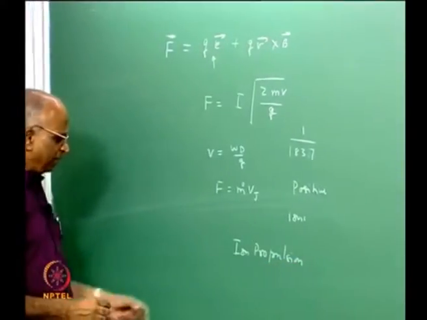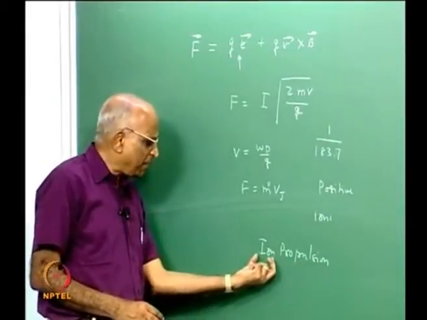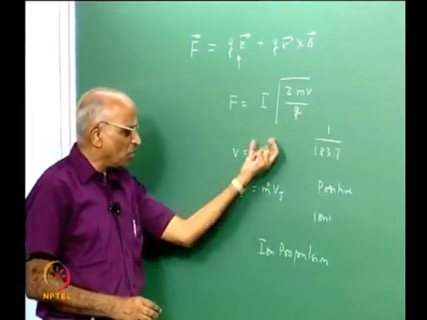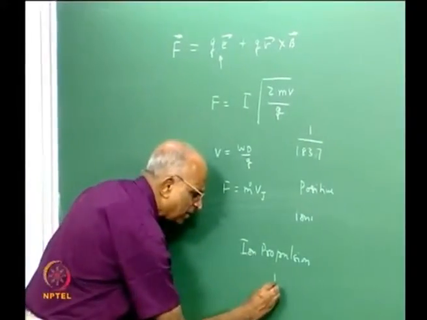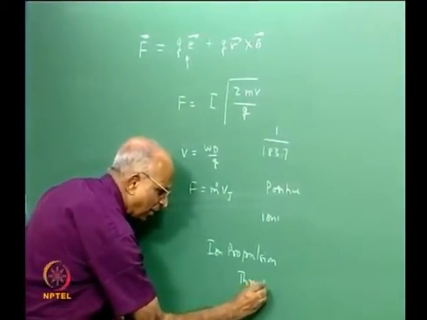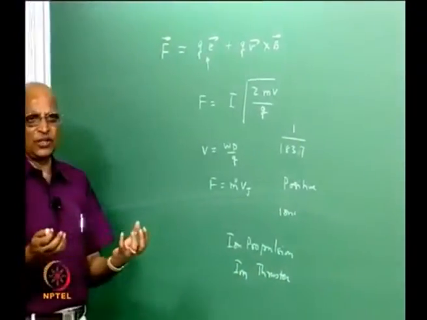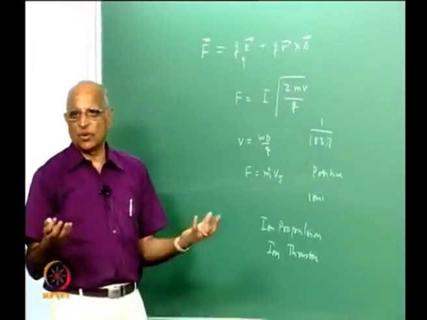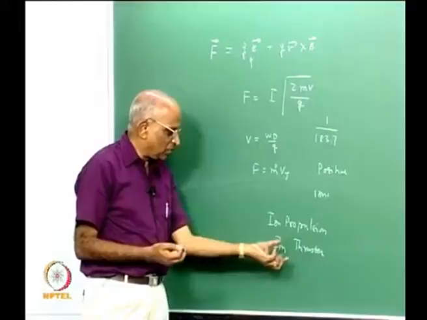At this point I will also tell you we call it an ion rocket, but the type of forces generated are so small that instead of calling it an ion rocket we call it an ion thruster. Therefore when we talk of low thrust rockets we call it a thruster instead of a rocket, but anyway you could call it an ion rocket. It depends on the person who uses it.